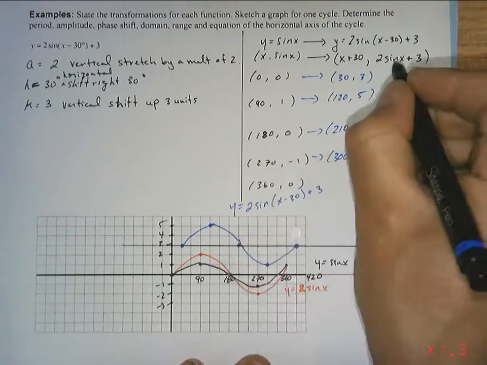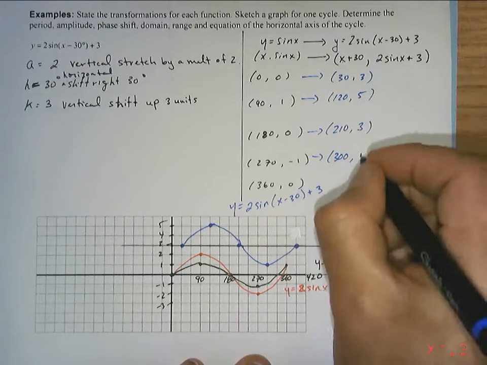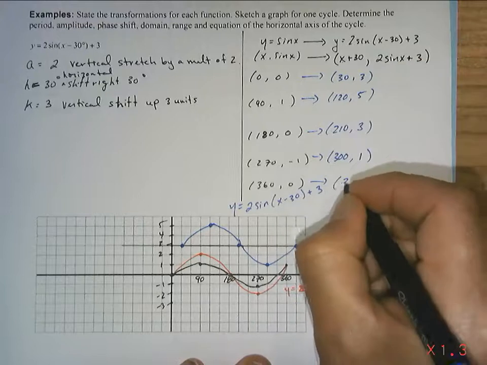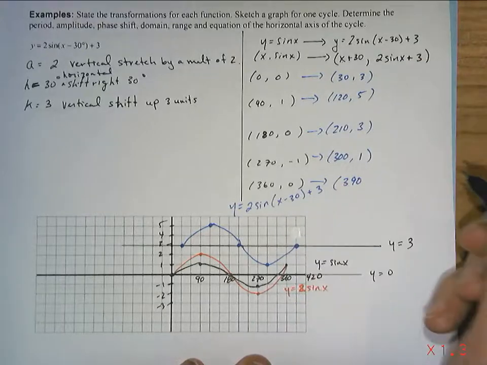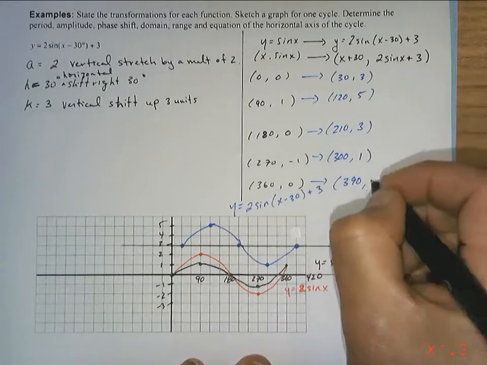Negative 1 for sine x, times 2 is negative 2, plus 3 is 1. And finally, the last one, 360 plus 30, 390. 0 for sine x, times 2 is 0, plus 3.